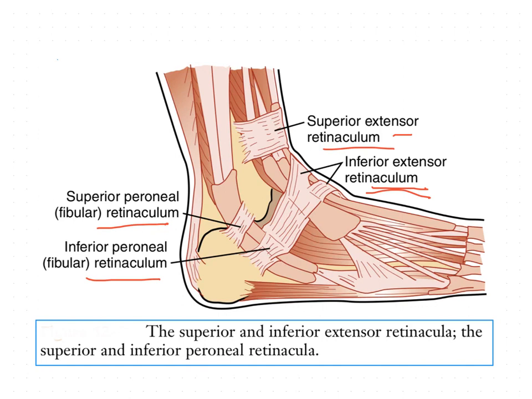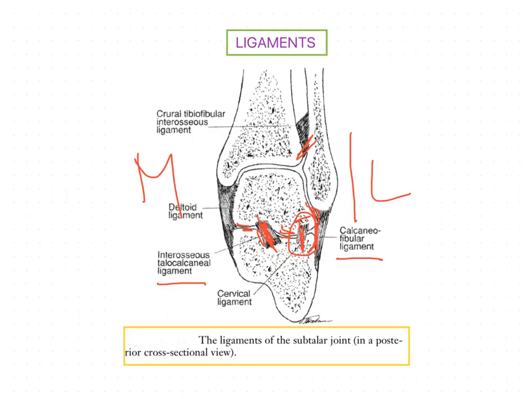Now again we'll move on to the ligaments. These divisions of the inferior extensor retinaculum also provide stability to the subtalar joint superficially. We have seen that extensor retinaculum on the superficial side. So these are going to give support superficially as well as through connections within the tarsal canal.